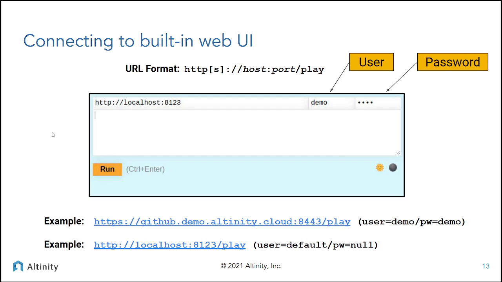And then finally, there's a really super web UI for just quickly logging in. You don't have to install any software. You can run this if you have a browser and you can see the server. It's called the Play interface. And the way that it works is you just give the host name and the port, which is 8123. This is an HTTP port that is by default open on new ClickHouse servers.